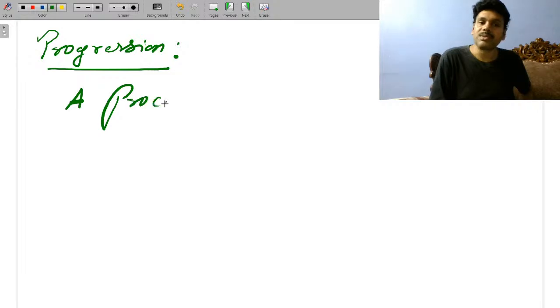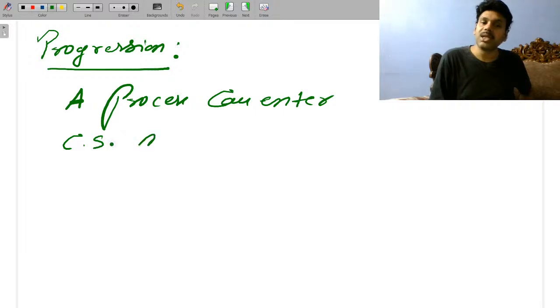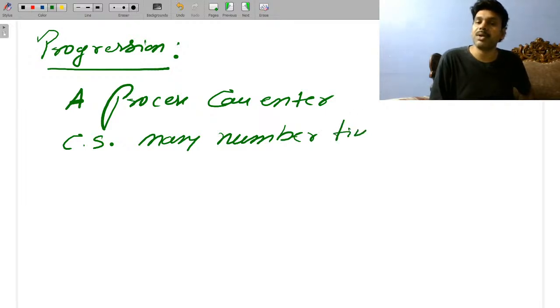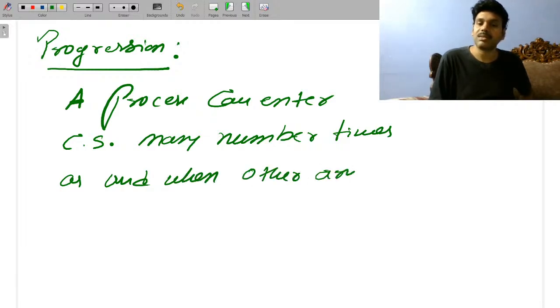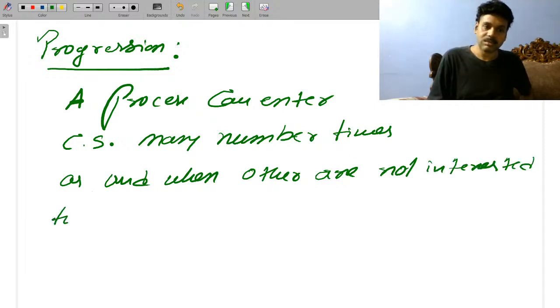A process can enter into the critical section many number of times. Please understand. Process one can enter into the critical section many number of times as and when others are not interested to access the critical section.